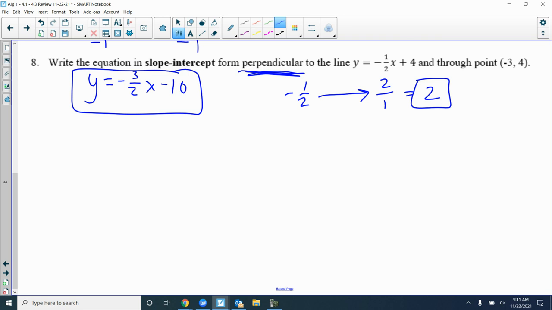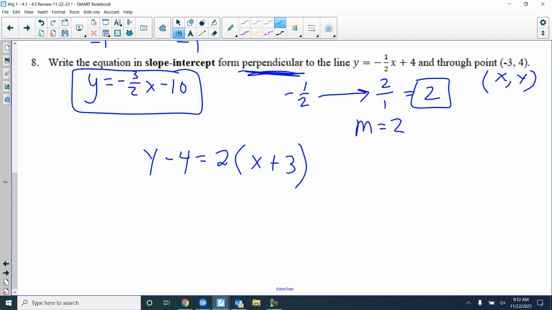I want you to take this slope and these points, because it has to go through that point, and put it in point slope formula for me. Y minus 4 equals 2 times x plus 3. Nice job.